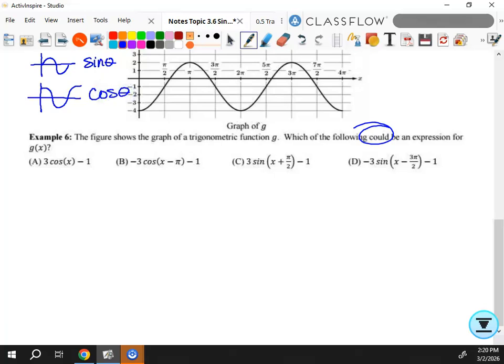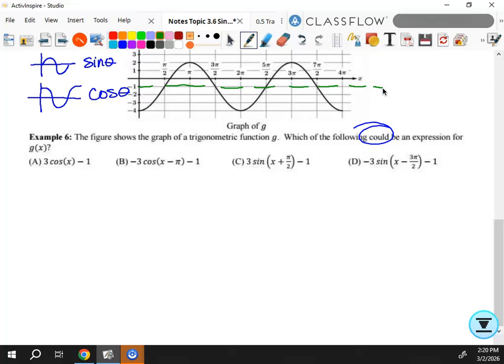Now, we can translate left and right, so it may not be so obvious looking at it, because I could write an infinite amount of sines and an infinite amount of cosines for this graph, but we're having to match this stuff up. Okay, so here, well, actually first, they all have a -1 for my midline, so that's all great.